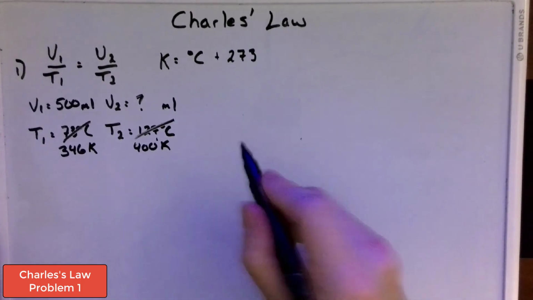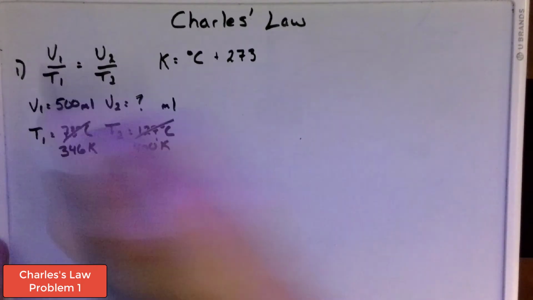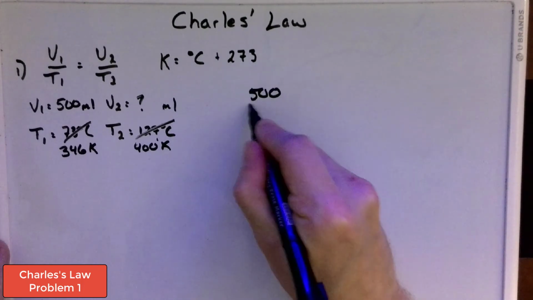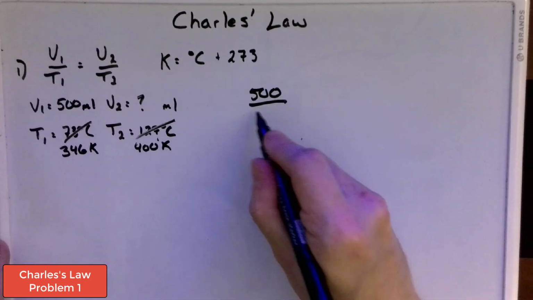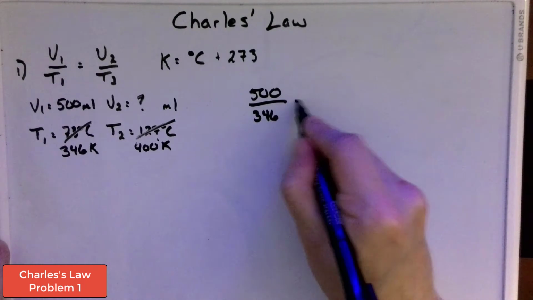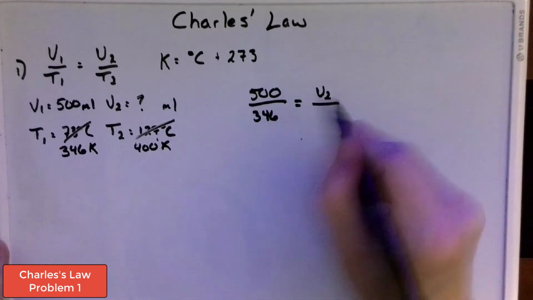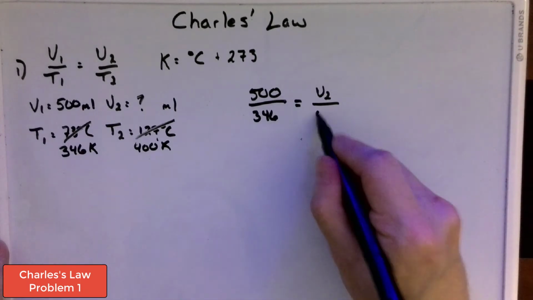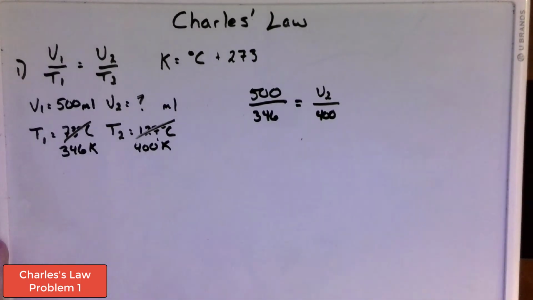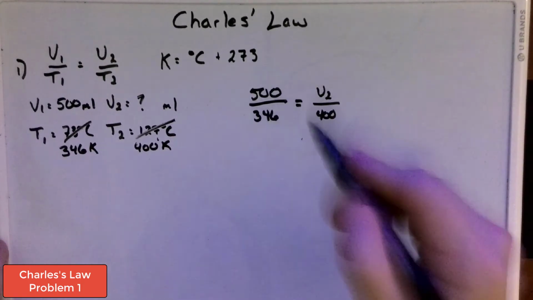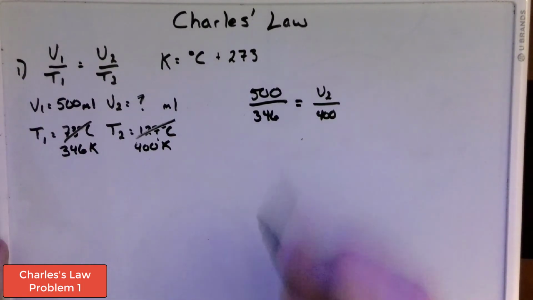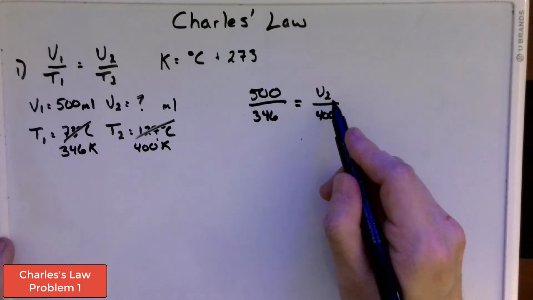Now I can plug in my numbers. Volume 1 is 500 milliliters, divided by temperature 1, 346, equals volume 2, which is an unknown, I'll leave that as a variable, divided by 400 Kelvin, my new temperature. Now I can solve for V2. You can cross multiply, you can reduce. It really doesn't matter what you choose to do. Here, solving for V2 is pretty easy.